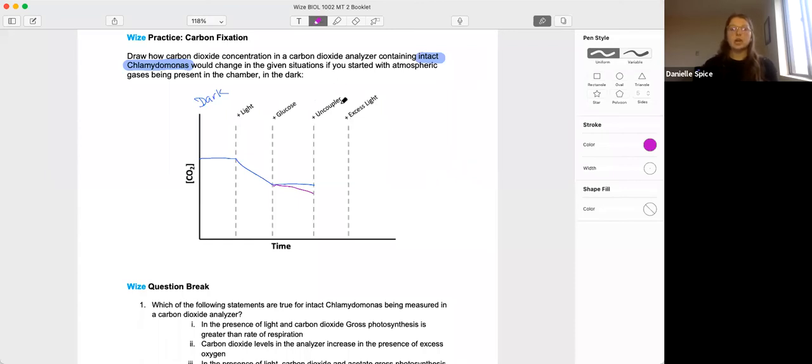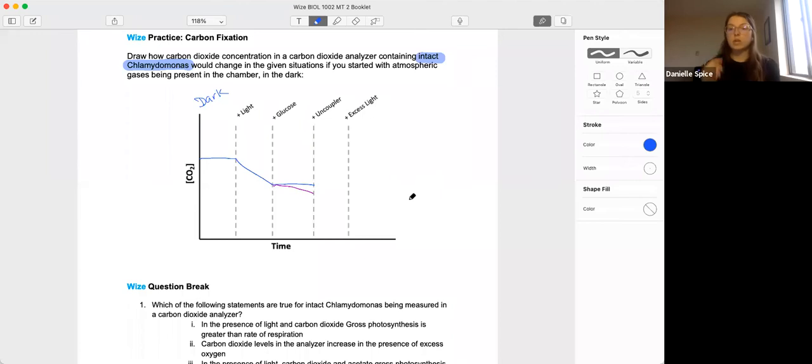So now we're going to add an uncoupler. So remember, even though we're talking about CO2 concentration, we add an uncoupler, we're rapidly undergoing our electron transport. So we're rapidly decreasing the amount of oxygen that we have. But if we're needing to go through the electron transport chain really, really quickly, we're also going to need to regenerate our FADH2 and our NADHs quite a bit.